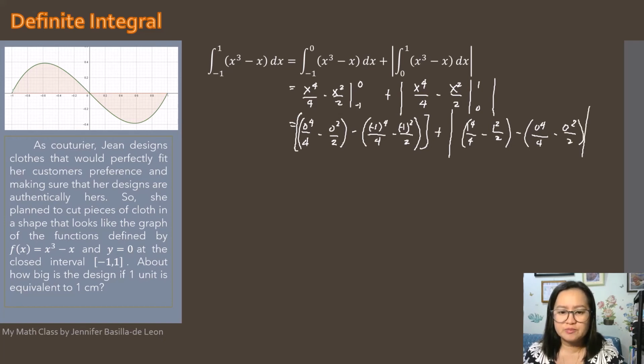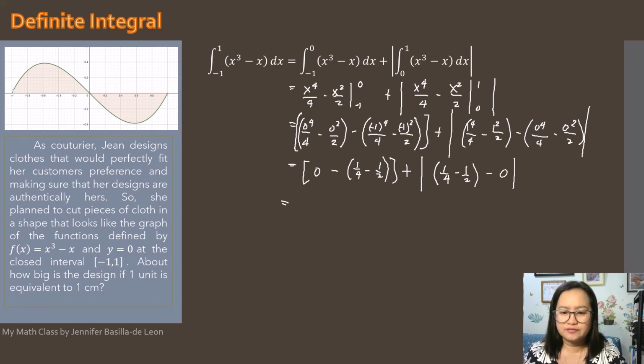Now, we simplify. This is equal to 0 minus 1/4 minus 1/2. And then we have the absolute value of 1/4 minus 1/2 minus 0.